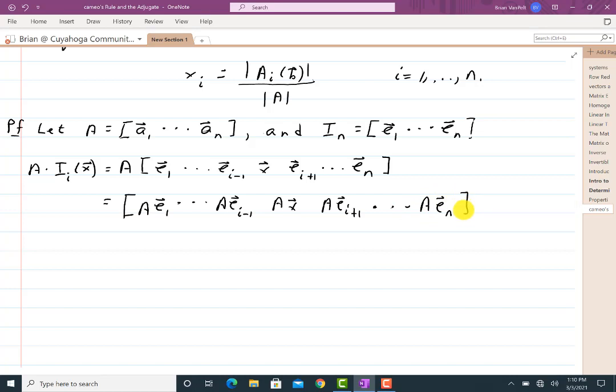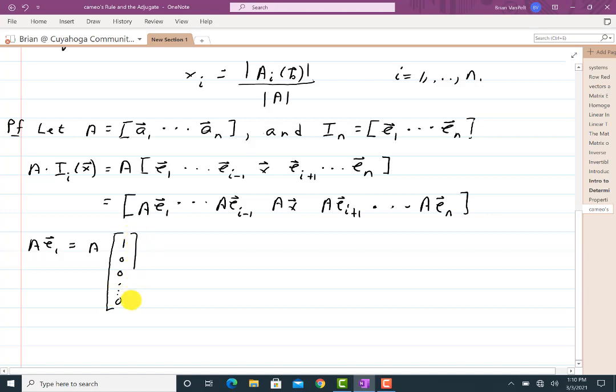Let me get a handle on these Ae's for a minute. If I look at Ae1, that's the same as A times this vector, a 1 with a bunch of zeros after it.